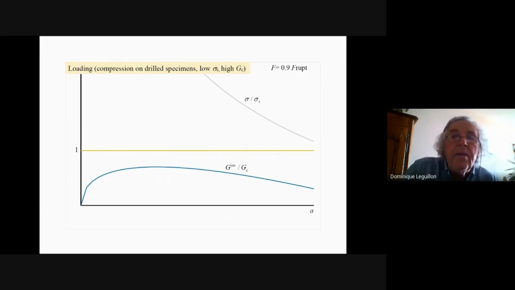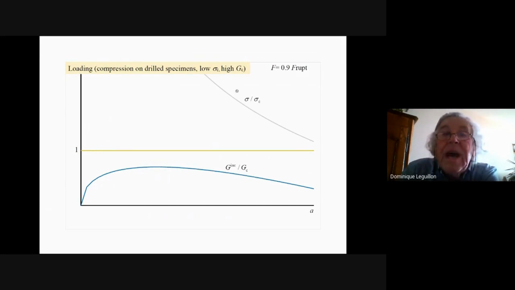Here we are in a case where sigma c is low, tensile strength is rather low, and the fracture energy is quite high. This is, for instance, the case of a polymer. Okay, then as sigma c is small, you see that the stress condition is easily fulfilled. In this figure, it is fulfilled for every point of this line.